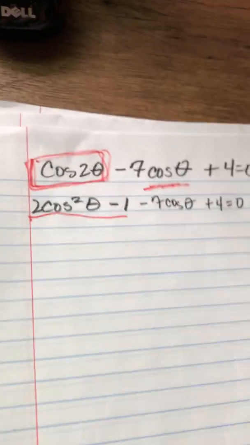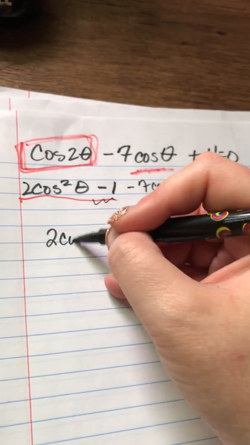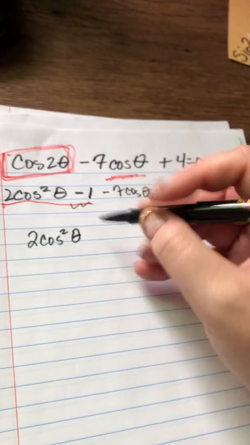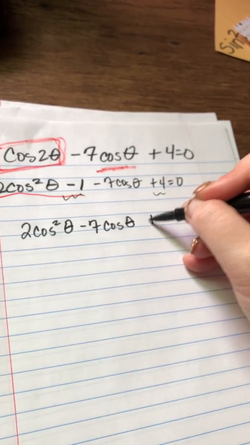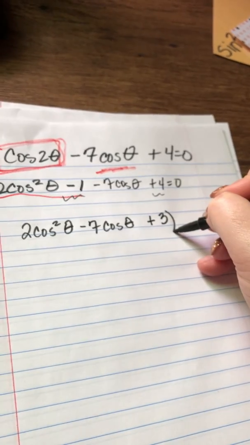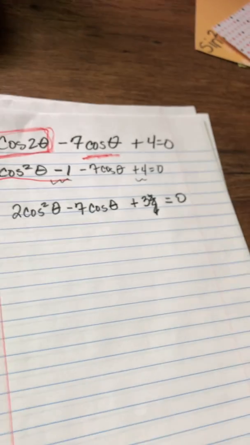Now we're going to combine like terms so we can factor. So this -1 and this 4 make 3. So we have 2 cosine squared theta minus 7 cosine theta plus 3, no parentheses, equals 0.